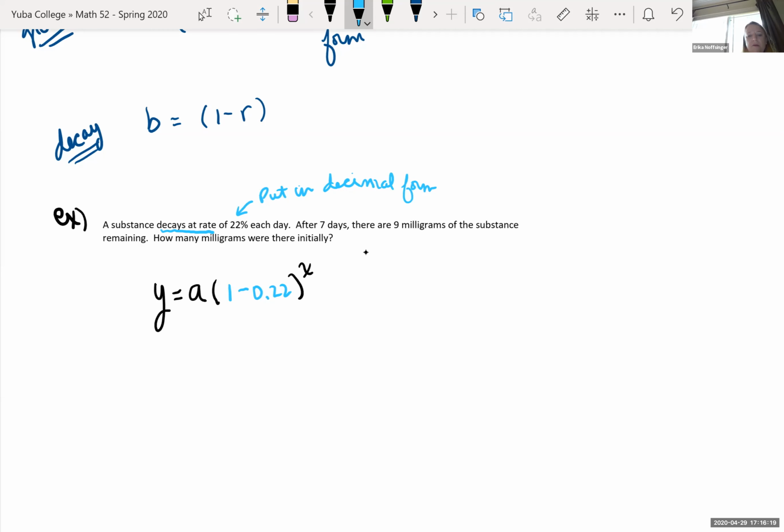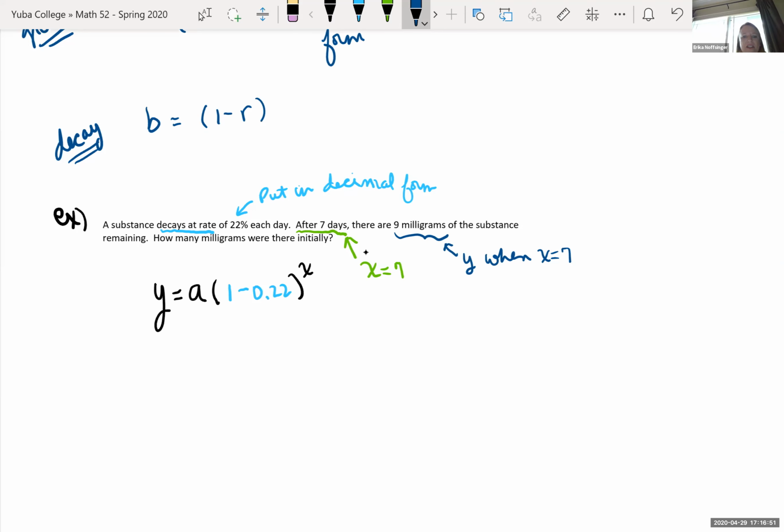Okay, so from there, we need to figure out what A is. They give us enough information so that we can do that. They basically give us a point. They say after 7 days, so this is the X value, X was time, there is an amount of 9 milligrams of the substance left. So this is our Y value when X equals 7.